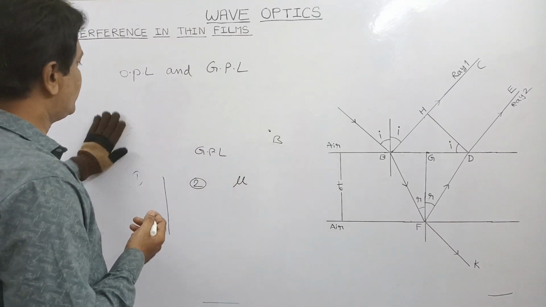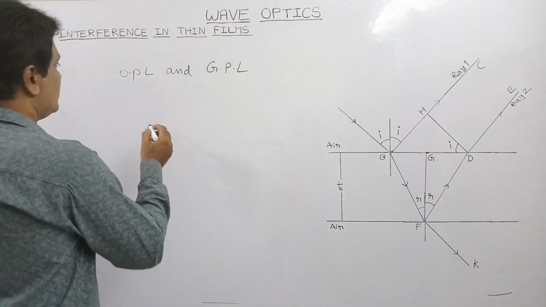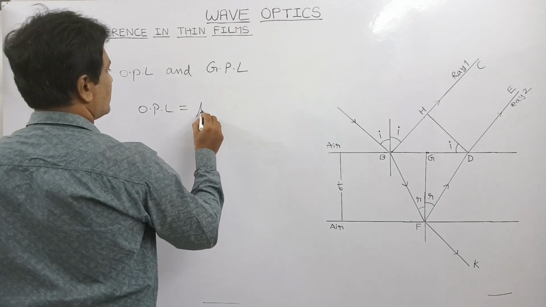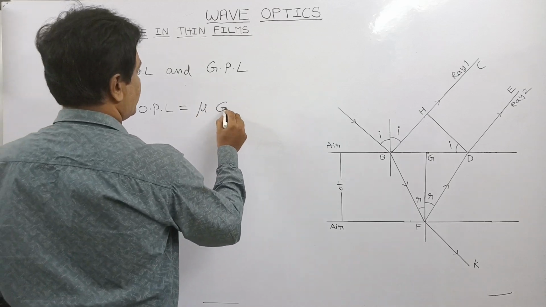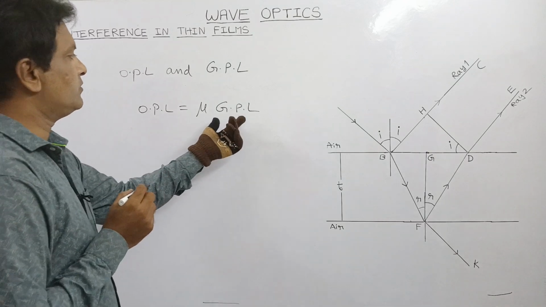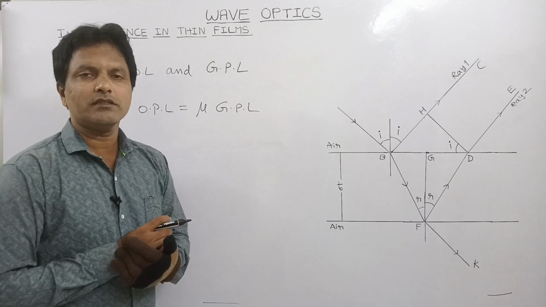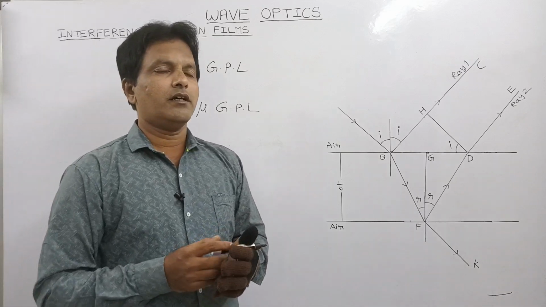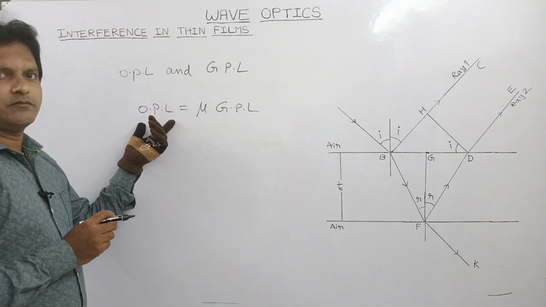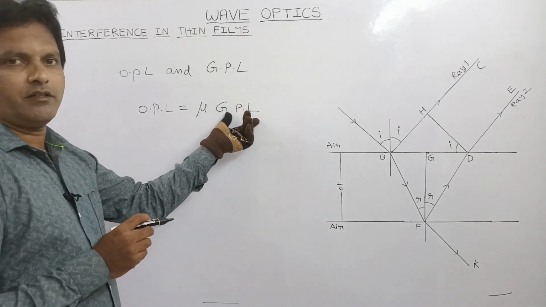That is the difference between optical path length and geometrical path length. They are related by the equation: OPL is equal to mu into geometrical path length. That means the optical path length is the path followed by the light in the second medium, which is mu times the geometrical path length.